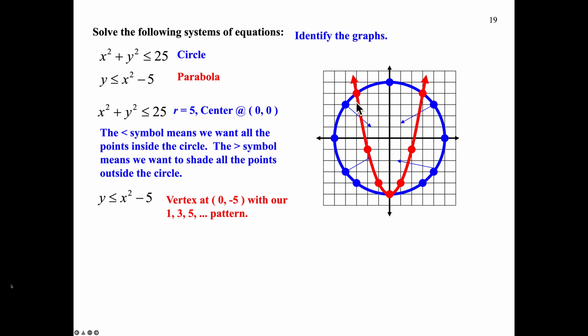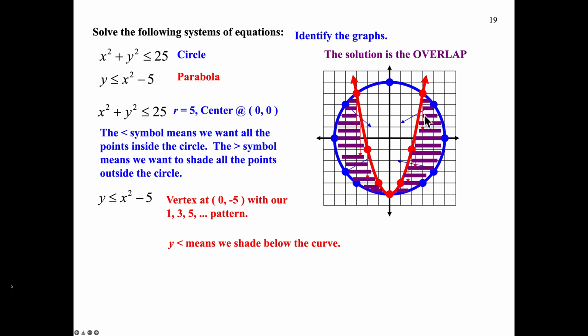So at this point, I'm shading down. Everything is shading downward. So wait a minute, looks like we're going to have 2 overlapping regions. So it looks like it's these 2, if you will, crescent moon looking shapes that are shaded here. That's my solution set.